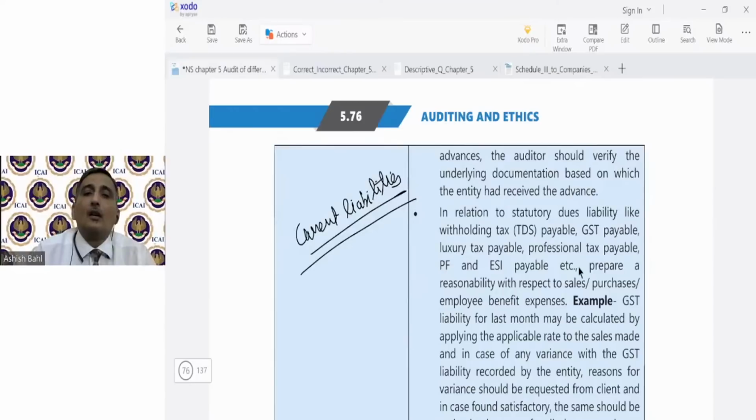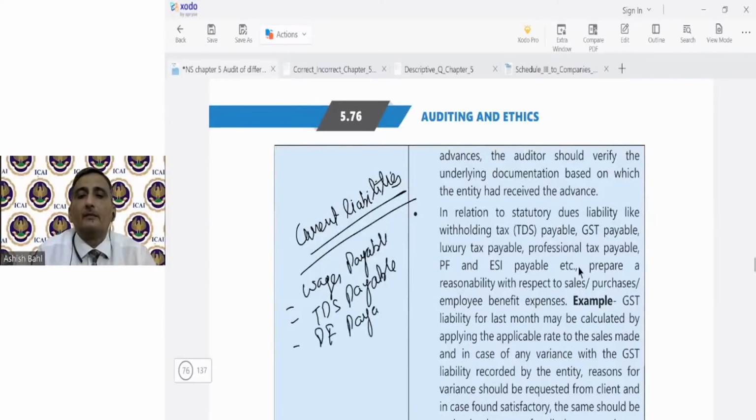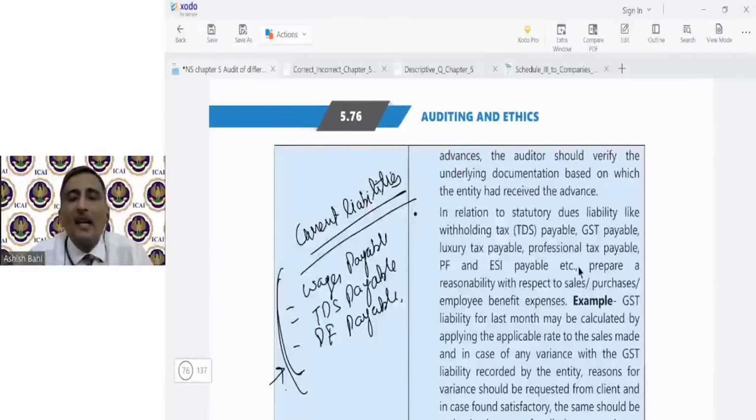Okay, so items like, say, wages payable, say TDS payable, say PF payable. These are all examples of current liabilities because these are expected to be paid within a period of 12 months.